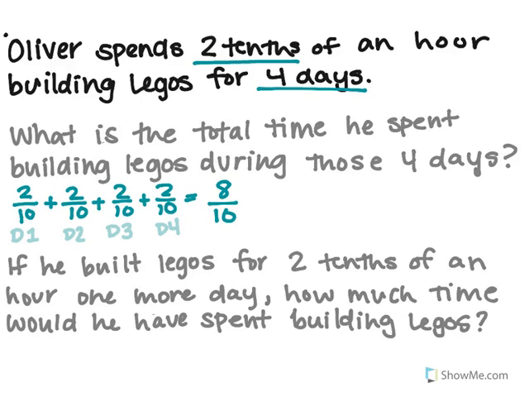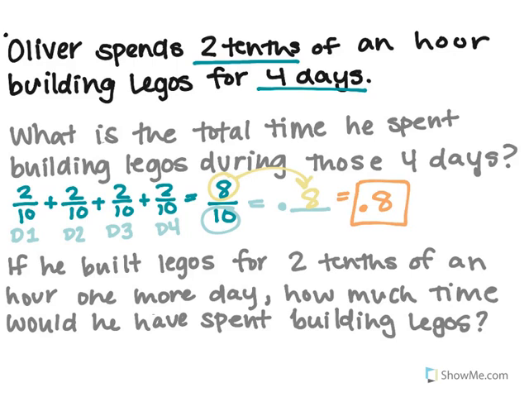So I know that this is my place, so I put my decimal point, and it's in the tenths place, so I just draw one line. I take my numerator because that's how many of those I have. I put it on top. So my decimal is now 0.8. He spent 0.8 of an hour on Legos during 4 days.